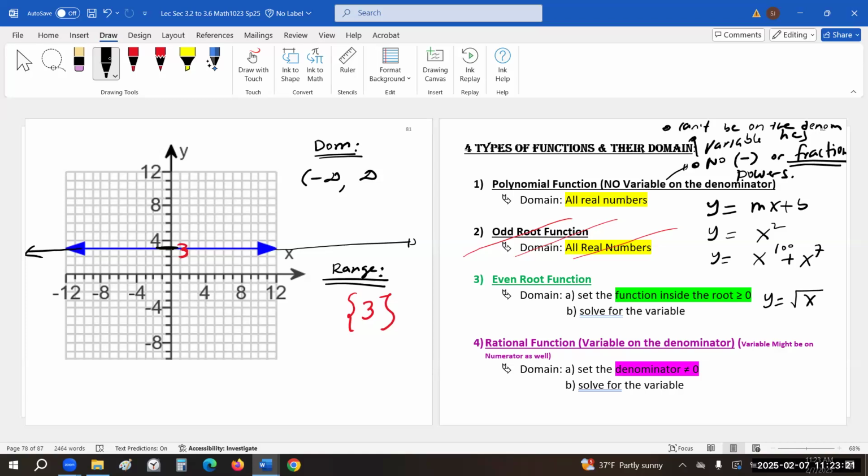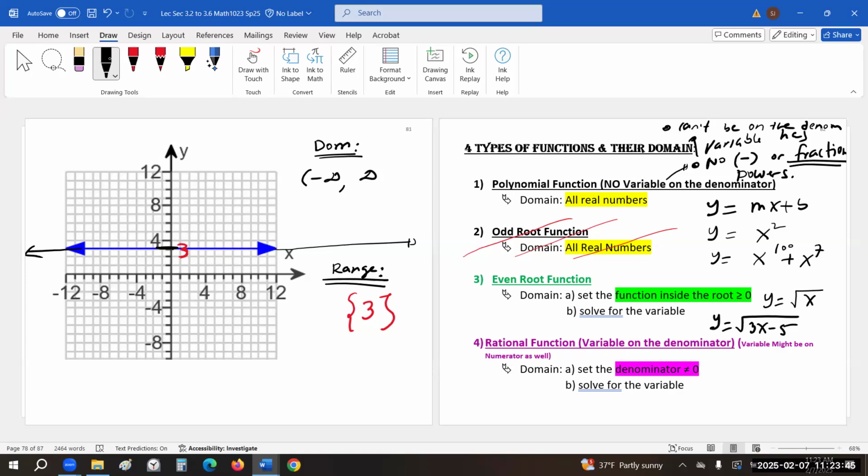Let's say you have a function y equals 3x minus 5 under the square root. So we know domain for the previous one is starting from 0, we can plug in everything. So 0 to infinity is domain for that function. But how do I know domain for this function? We wouldn't know directly, right?